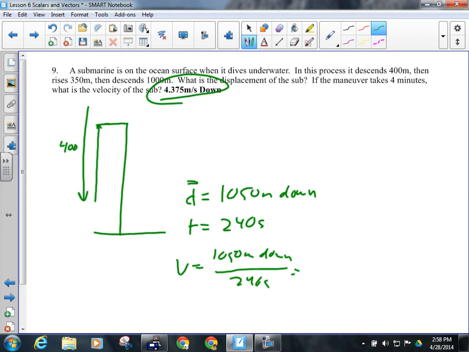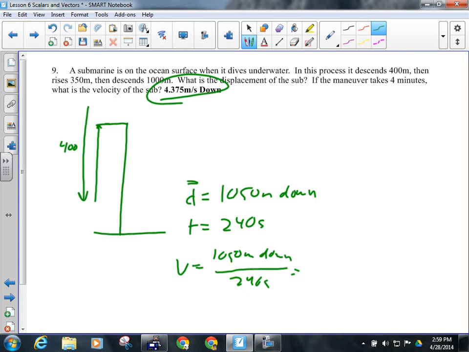If you didn't convert the minutes to seconds, then you'd go 1,050 over 4, and you get meters per minute down. It'd be a slightly different number. Is that good? Any other ones there, guys?